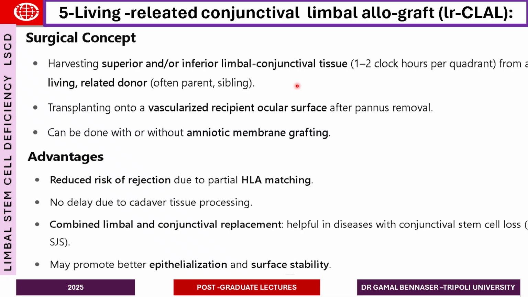Now, the advantage of this type of procedure is that the risk of rejection is low as compared to the KLAL, and there is no delay due to cadaveric tissue processing, so it is a very rapid procedure, and rapid epithelialization and stability of the ocular surface will take place.